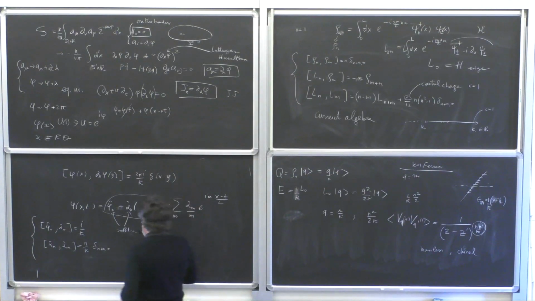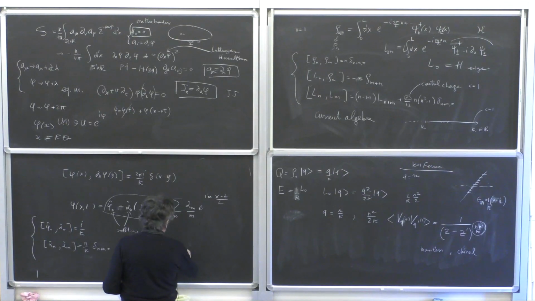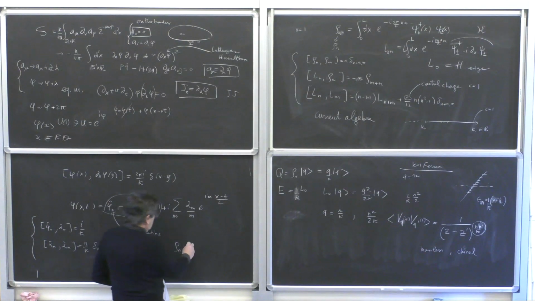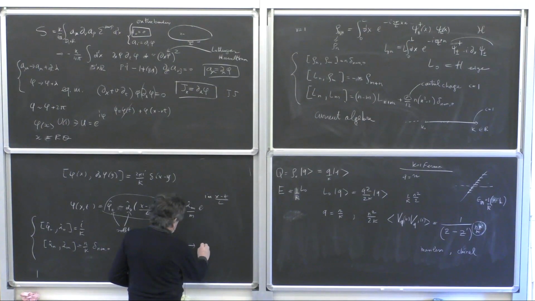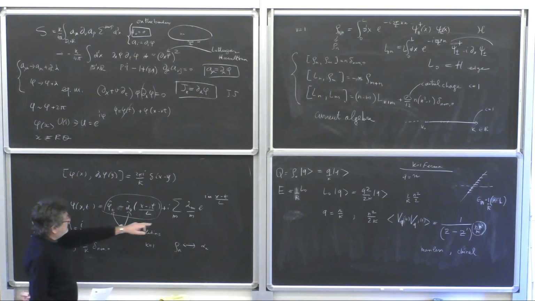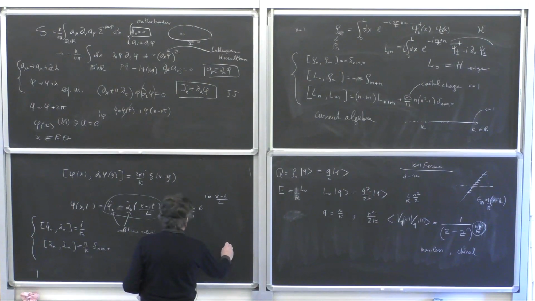So for k equal to 1, I can identify the modes of the current of the fermion theory to the modes of this field, okay, including alpha 0.